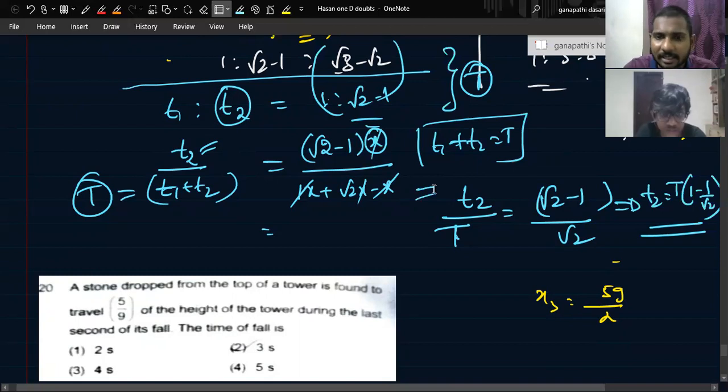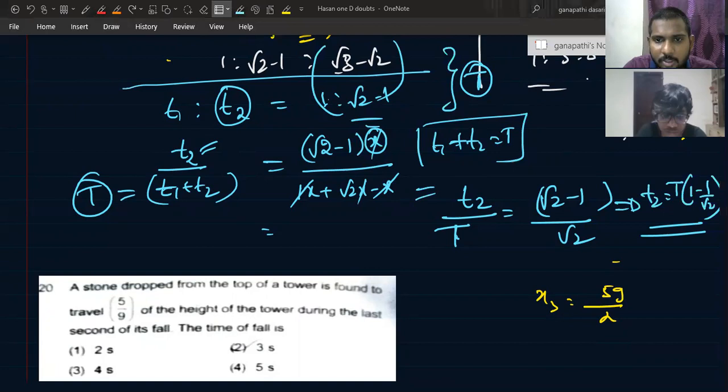Now I'll take your PDF and see which questions are on this concept. Similarly, I'll look at previous year questions. NEET 2013, question number 5. You did not do that question, you ticked it.